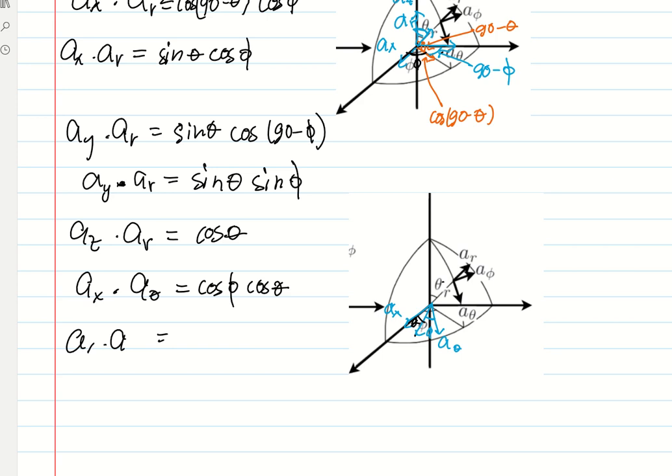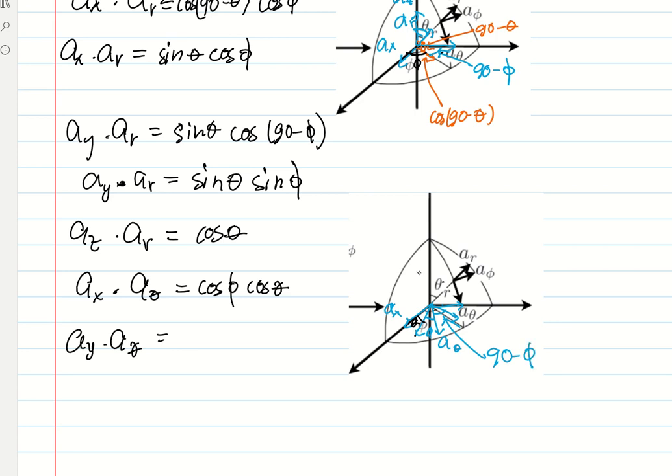For ay dot a theta, instead of rotating into the x axis, this will be our ay here. So this is our new vector, the projection of a theta, and what will be the angle if you go into that direction? That angle will be, because this is 90 degrees, 90 minus phi.